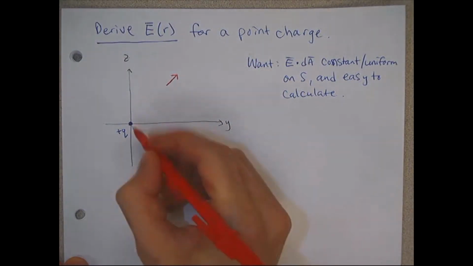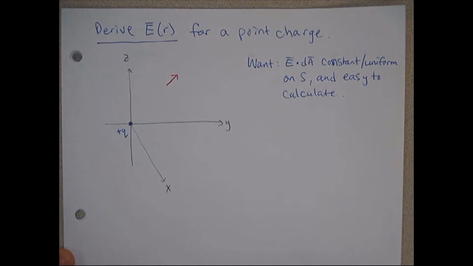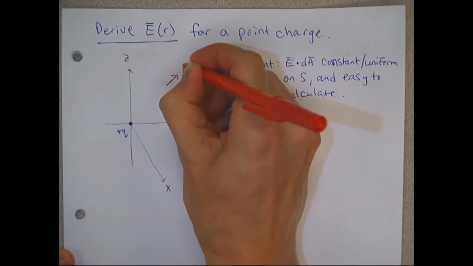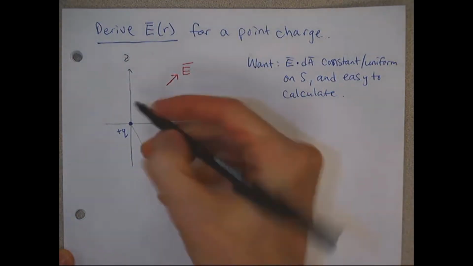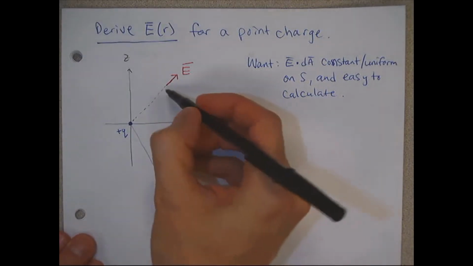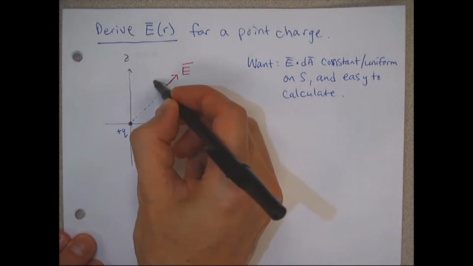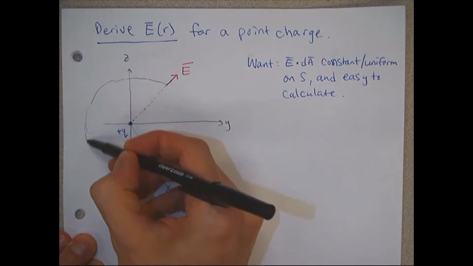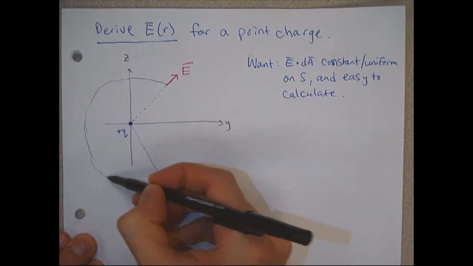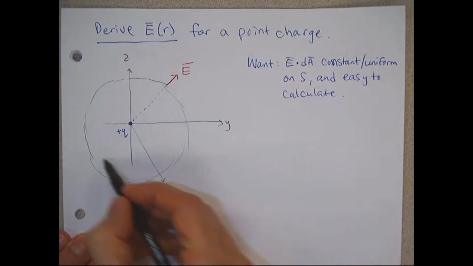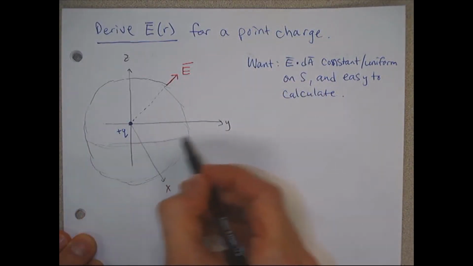It points away from a positive charge radially. A reasonable choice would be, let's surround the point charge with a sphere.